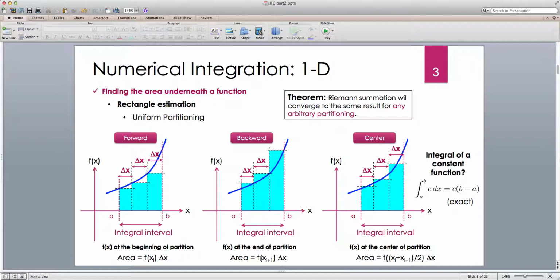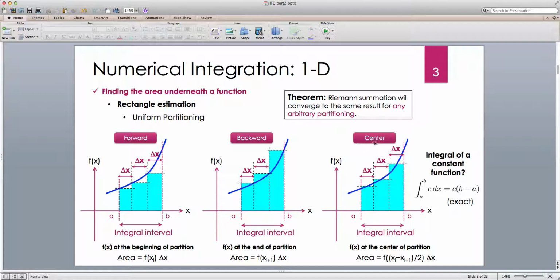So in this case, we pick the value of f at the end of the subinterval I and multiply by delta x. That gives us the area of this rectangle, all right? And then we take the sum of n subintervals, and then let n go to infinity, all right?